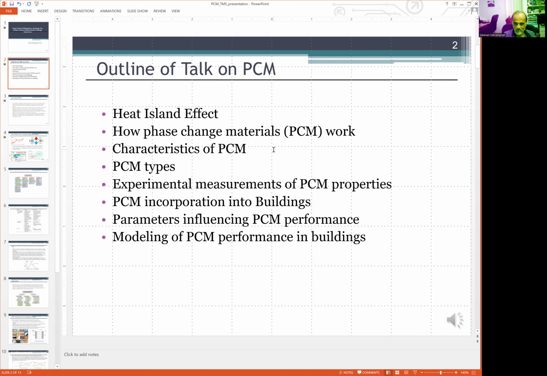What are the different PCM types, and how do we measure experimentally the properties of these PCMs that we need in order to pick the right PCM, and how do we incorporate the PCMs into the building envelope, and what are the parameters influencing the PCM performance in order to choose the right PCM. And in addition, we need modeling tools for choosing the right PCM.